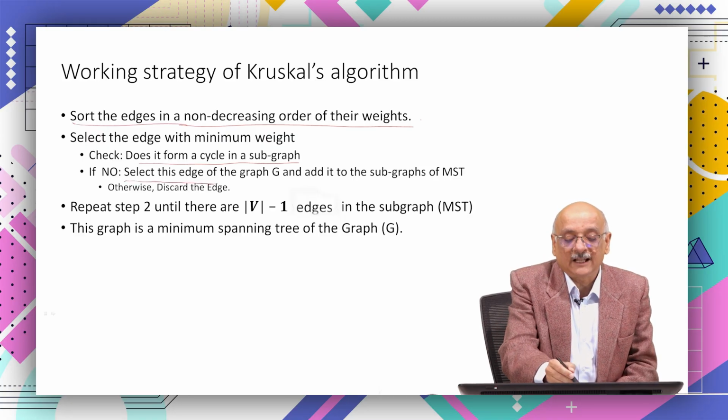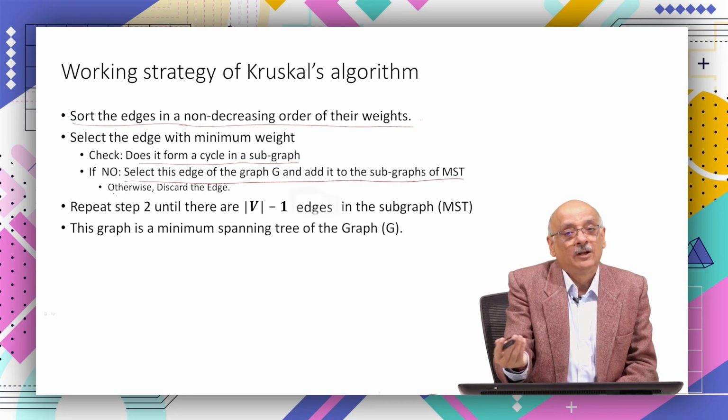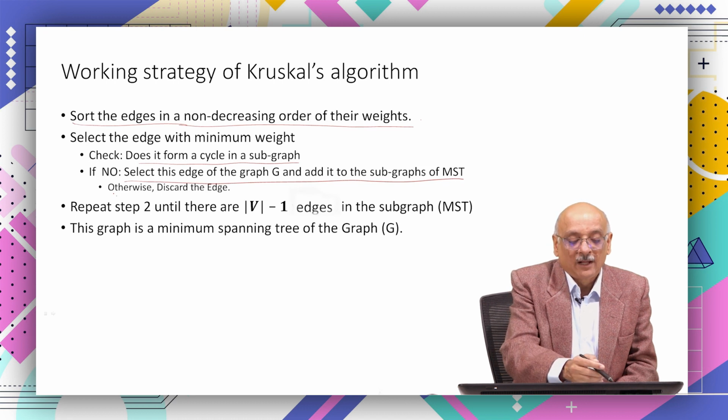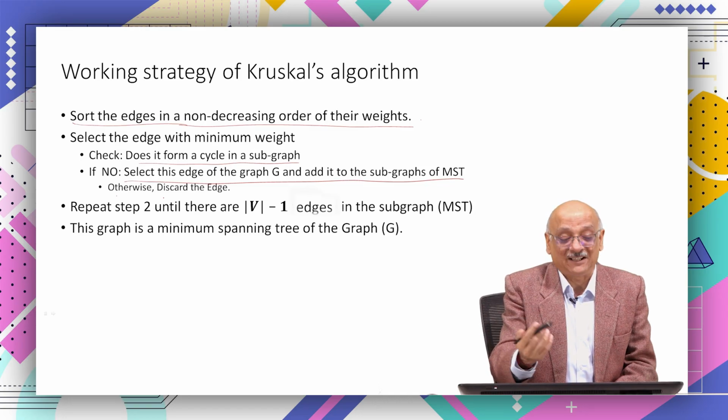If no, select this edge and add it to the subgraph of the MST. If it doesn't form a cycle, obviously it is still forming a tree, so let's add that into the MST. Otherwise, simply discard that edge because it is forming a cycle.